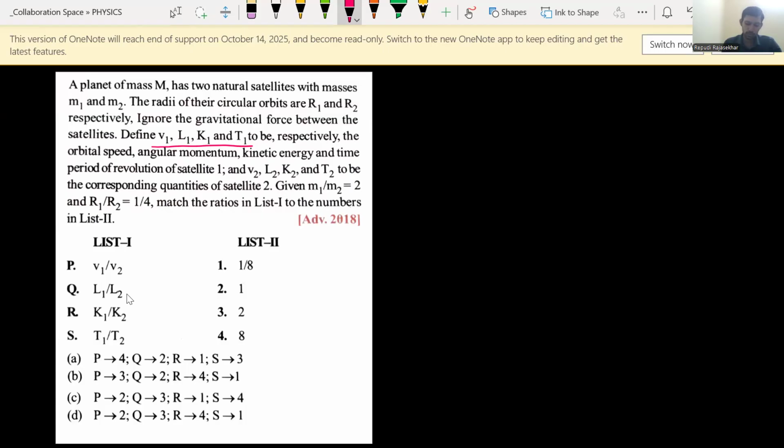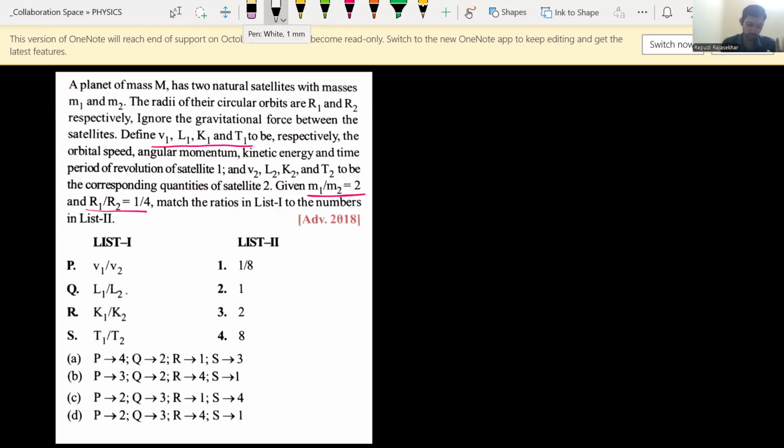Similarly, V2, L2, K2 and T2 be the corresponding quantities of satellite 2. The relation is given for m1 by m2 and R1 by R2, and we need to match. Okay, V1 by V2 how much, L1 by L2 and so on.